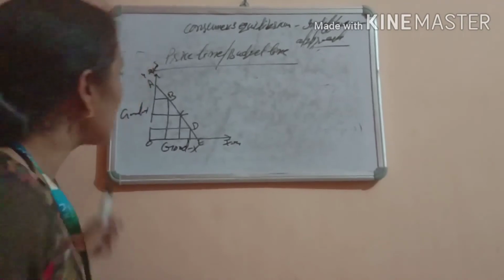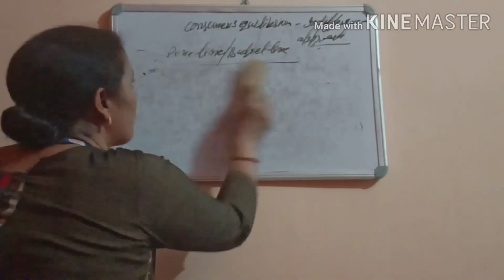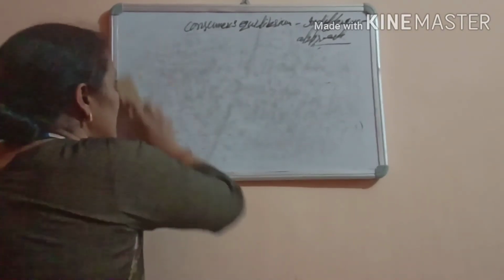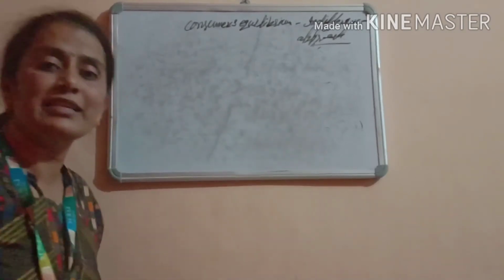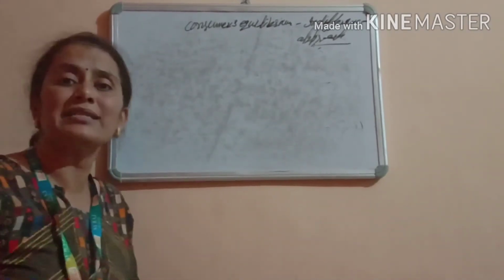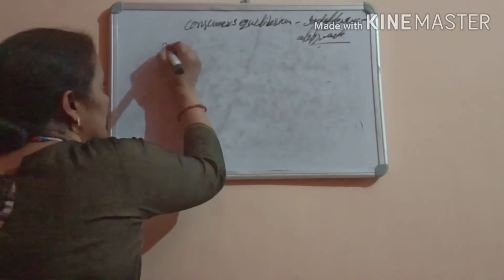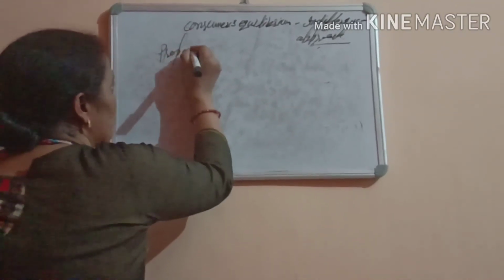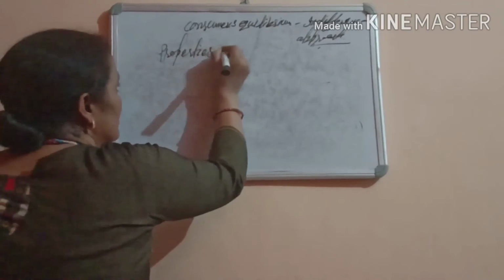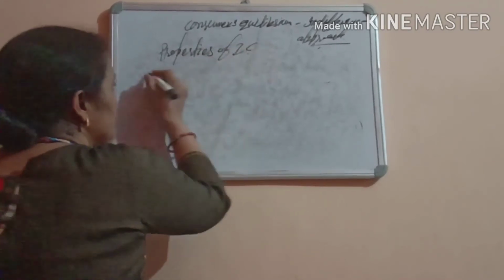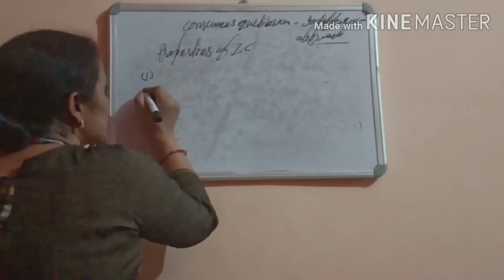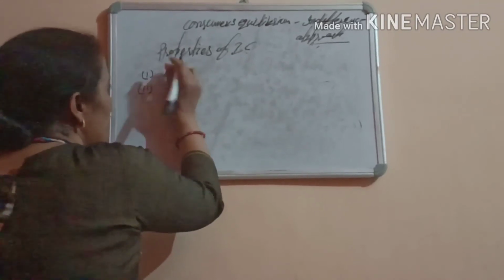Then we talk about the properties of IC. कि the shape of IC is downward sloping as well as convex to the origin. Next है the properties of IC. First is the slope of IC.